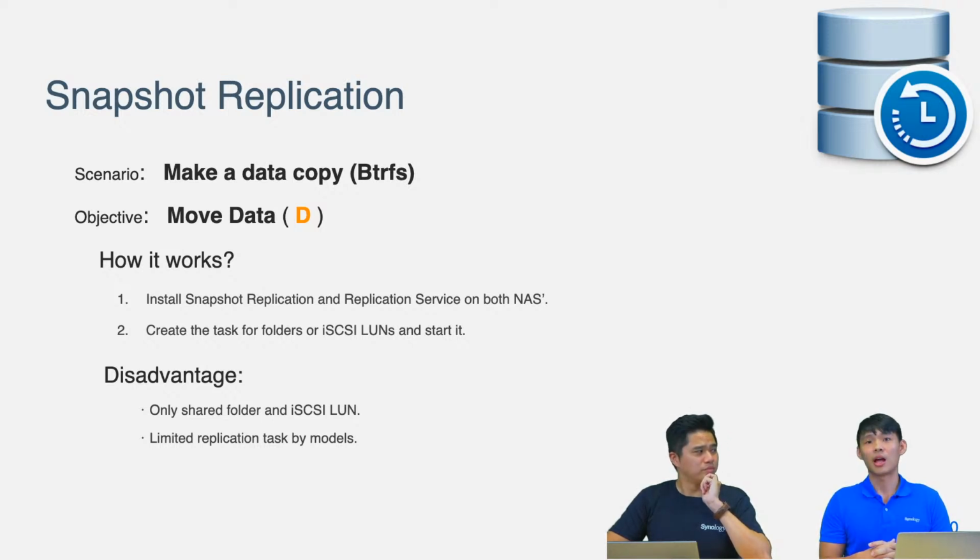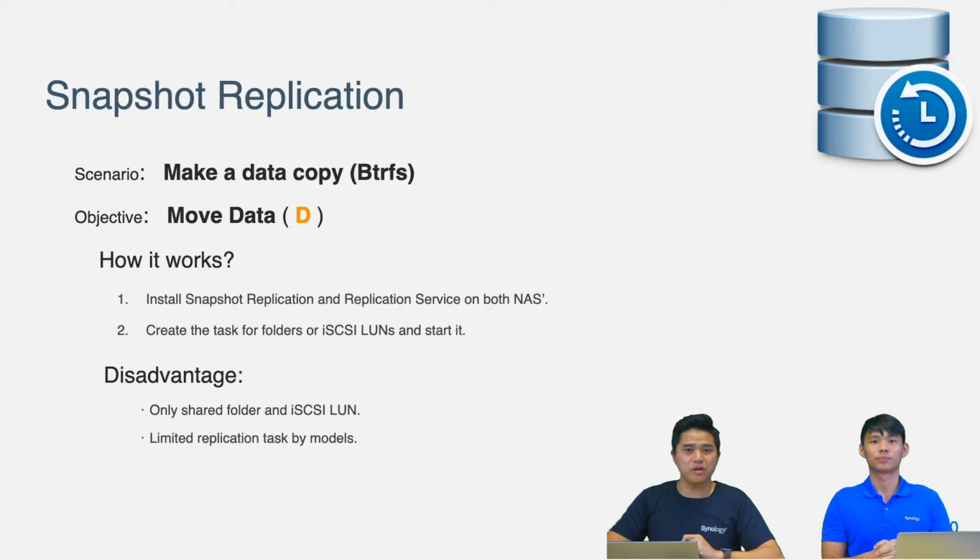Yes, and any requirements you know? Of course. Snapshot Replication requires the Btrfs file system. So if your volume is made with the ext4 file system, you won't be able to use it. Why? Because Snapshot Replication uses a feature from the Btrfs file system.